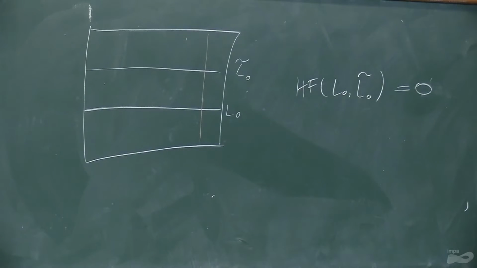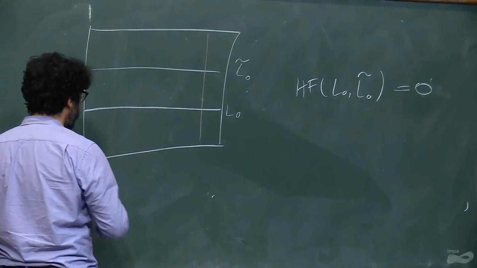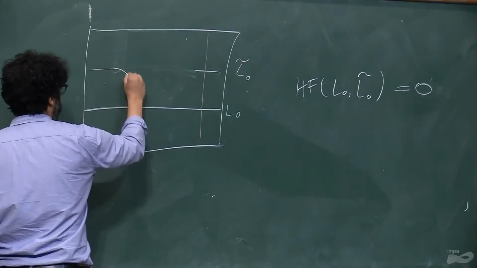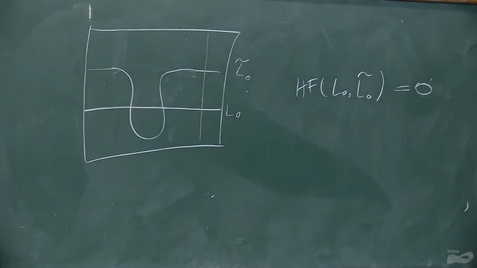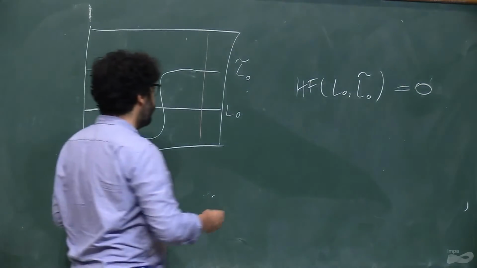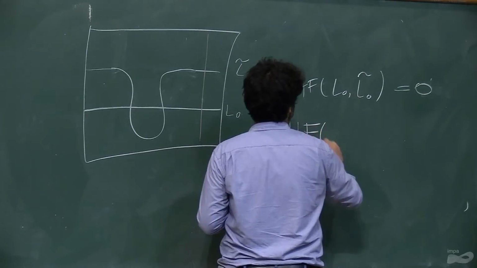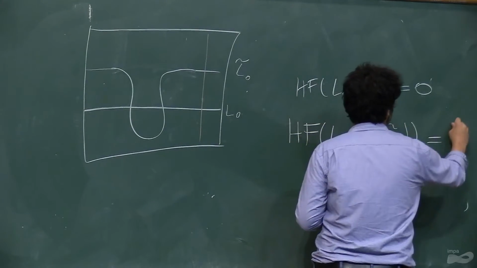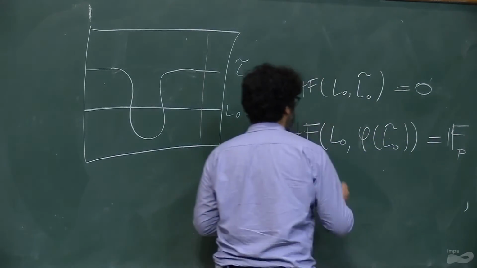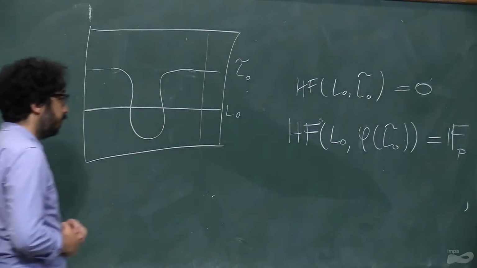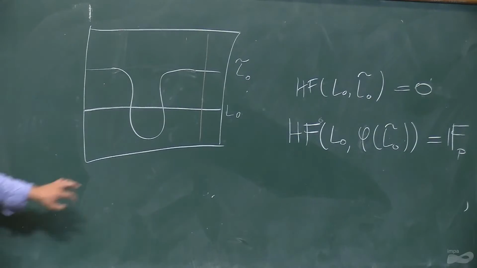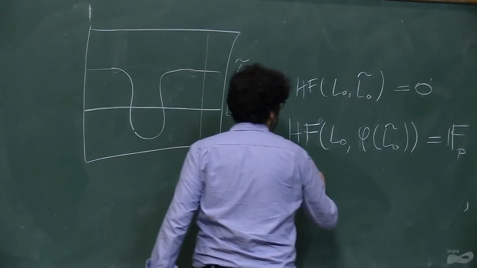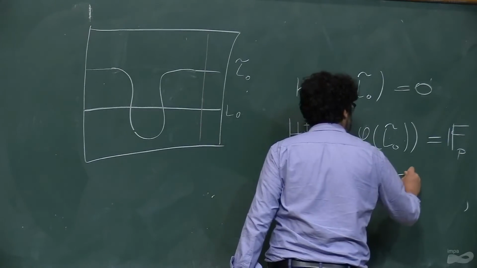But now let's apply a Hamiltonian isotopy of L_0 tilde. So now it intersects, and we can do the previous computation. And what we get is F_p, just in degree 0, because there are 2 disks, and d of ax is a minus ap y.